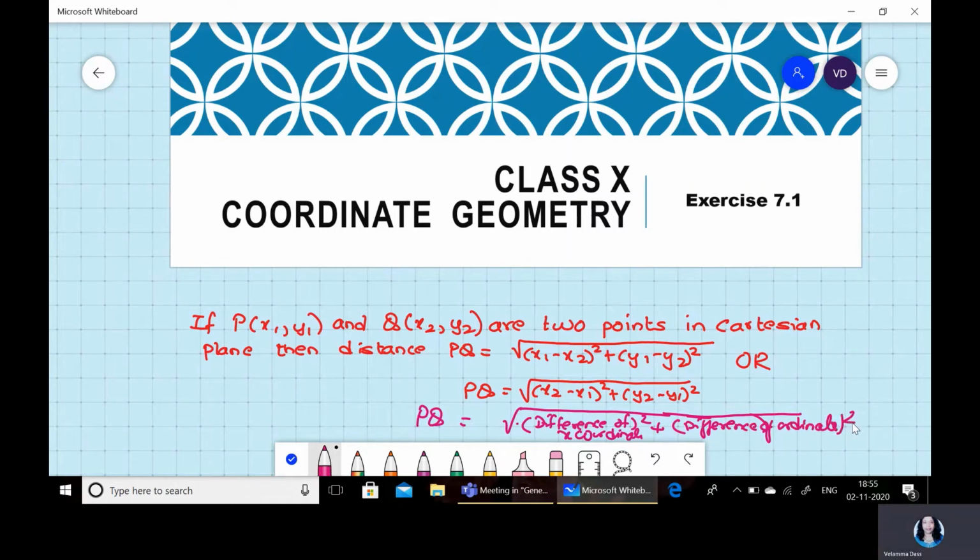So when we take any 2 points, that is x1, y1 and x2, y2, we just have to take the difference of x coordinate the whole square plus the difference of y coordinate the whole square. So (x1 minus x2) the whole square plus (y1 minus y2) the whole square.